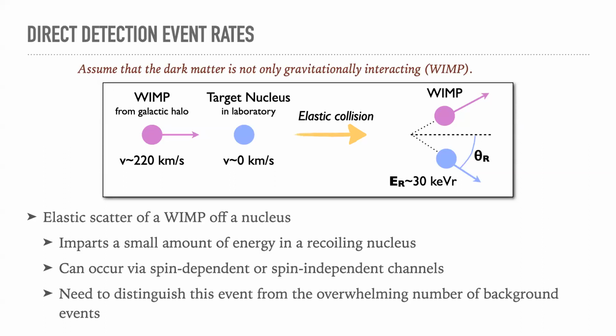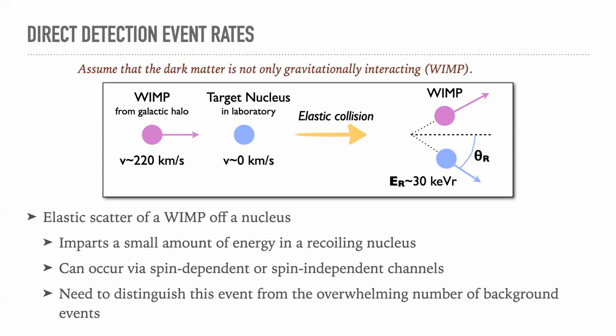And so the idea is that you have the elastic scattering of a WIMP. You have a WIMP from our galactic halo coming in, hitting a target nucleus in the laboratory. You get an elastic collision, and from that collision the WIMP goes off in one direction, and the nucleus that's left behind recoils at some angle theta r. This interaction can occur via spin-dependent or spin-independent channels.